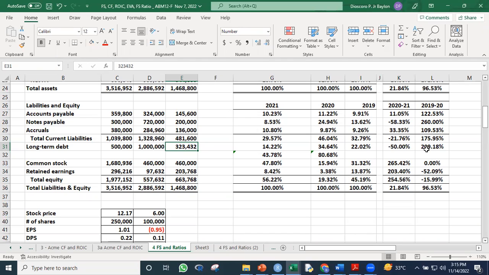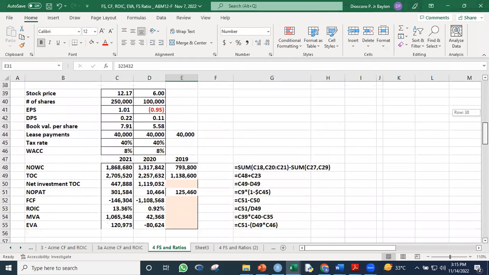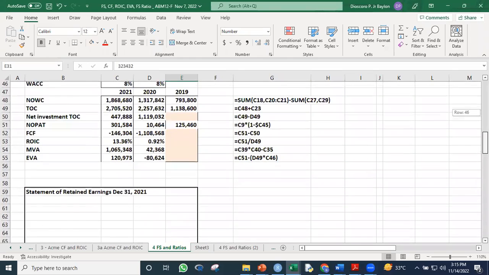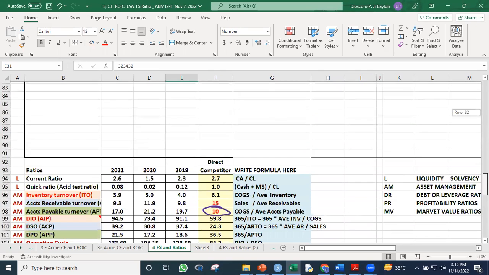While si assets natin nag-increase lang ng 96% as compared to around 380% increase vis-a-vis 96% lang ng increase ng total assets. So I hope you're getting this. No? Ang laki ng jump ng liabilities natin as compared to total assets. So your liabilities was increasing at a faster rate than your assets.